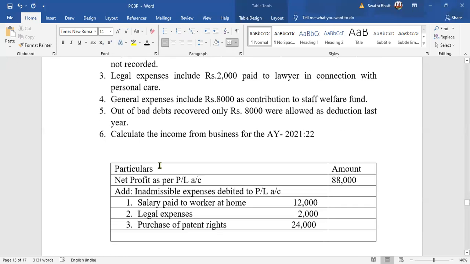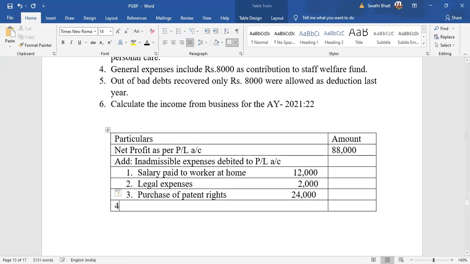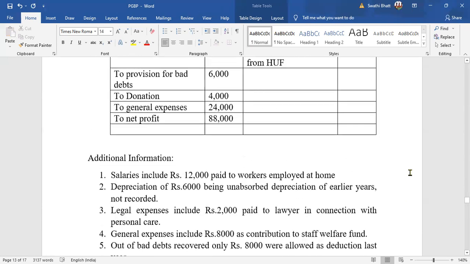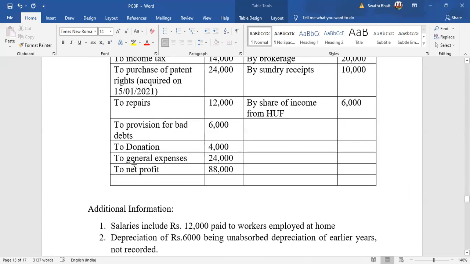So these are disallowed. So the fourth item which is disallowed and hence that should be added is provision for bad debts, and the amount is 6,000.